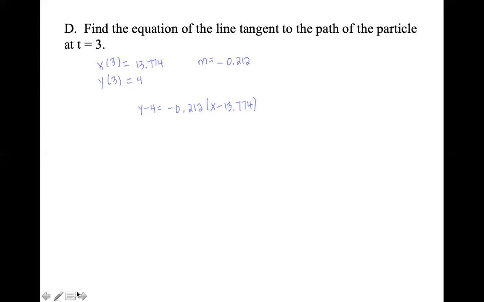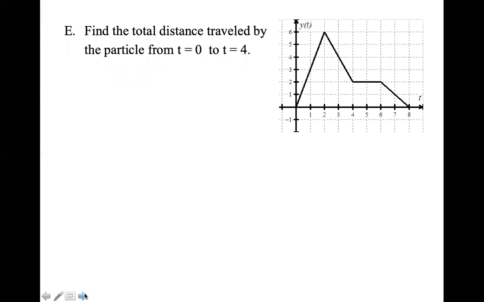All right, let's look at part E this time. Part E says find the total distance traveled by the particle from t equals 0 to t equals 4. And so again, we're looking for our arc length when we look for the distance traveled.